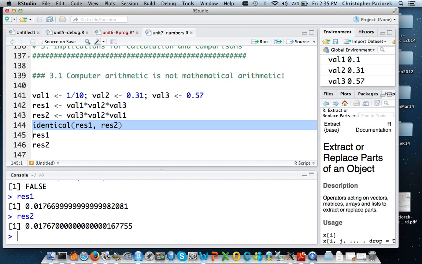Yeah, Mike. So it seems like you would want those to be the same. Why would R not just fix that for you, or why wouldn't that be part of it? Well, how would it fix it, I guess, is the question. Right? I mean, what we're seeing is there are fundamental limits to what we can do in terms of storing numbers accurately.